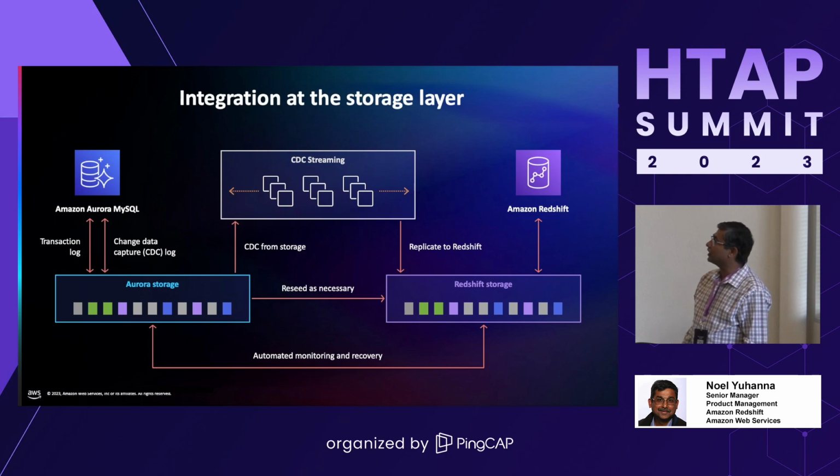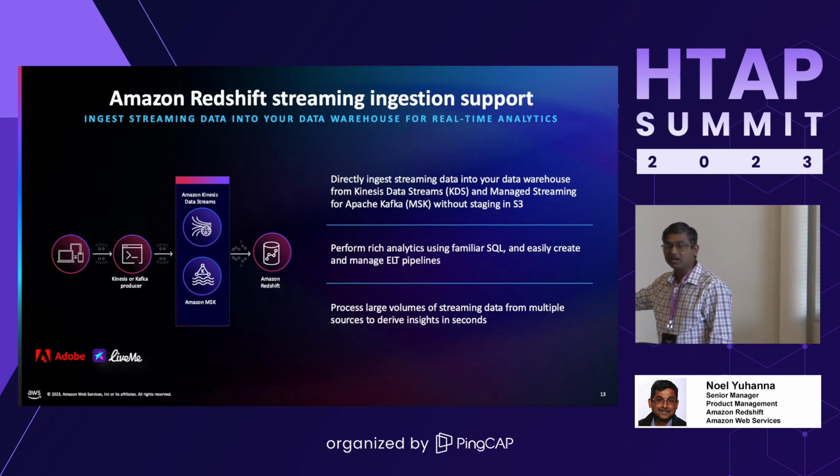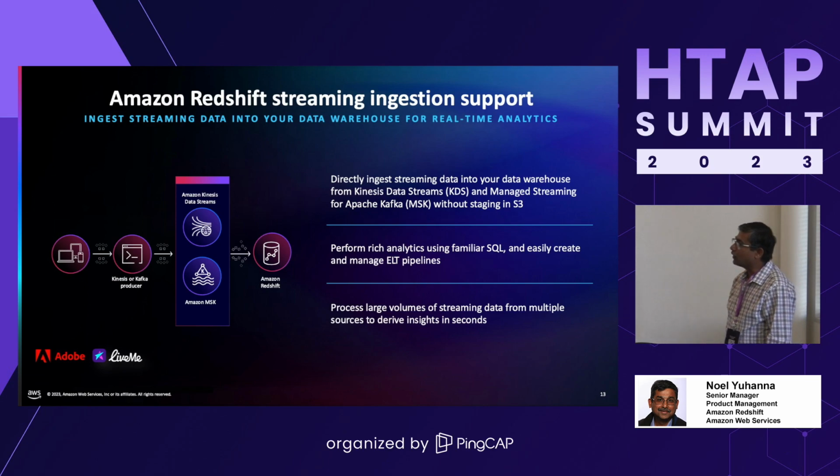But there are customers who have sensors, for example, as you asked, and they want to stream the data directly to Redshift and run queries from there. So we have integration with Kinesis and Kafka.